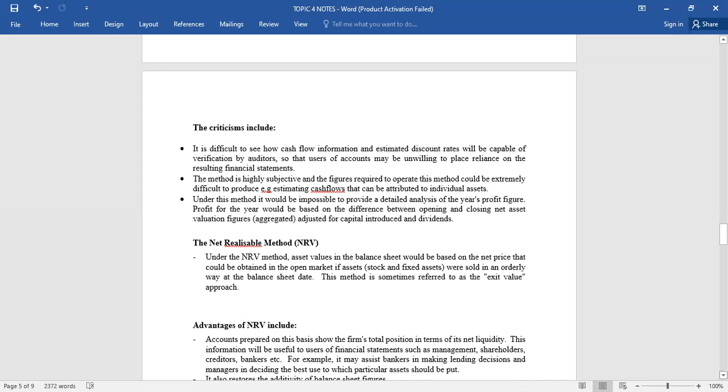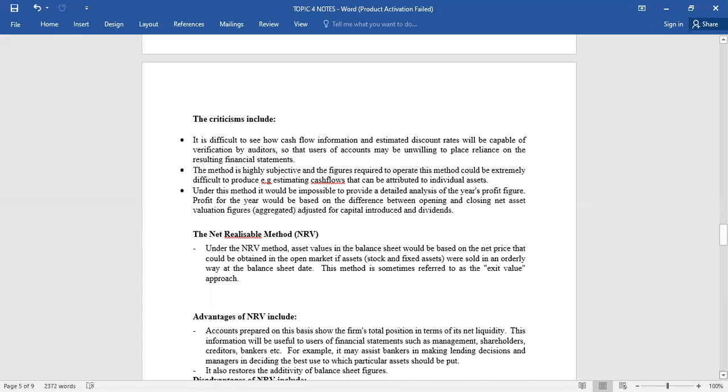That's why we are calling it net realizable value. Actually, I've said we also call it exit value. If you are winding up, assuming it's not a going concern, suppose you are to wind up today, what you can fetch from all the assets in your balance sheet, that's what we consider net realizable value. And that is the method.